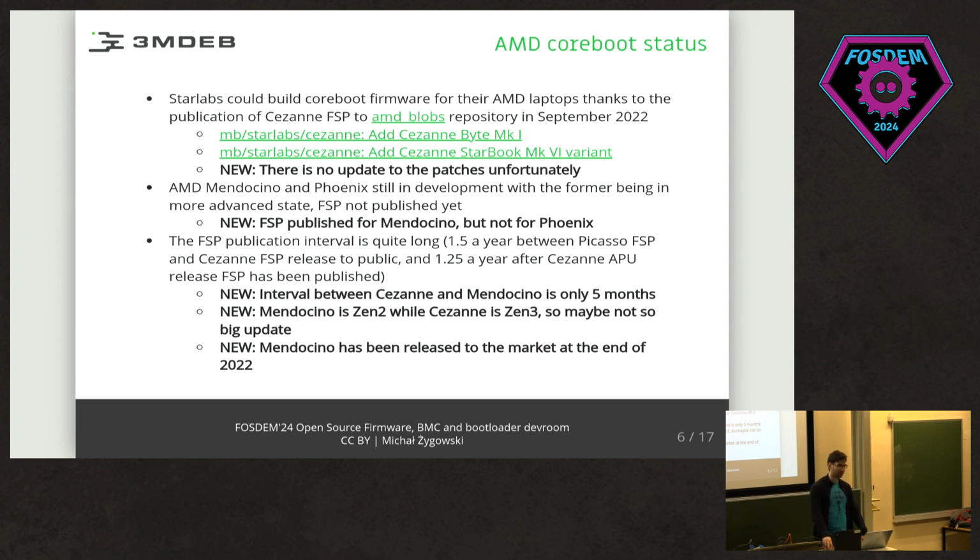For those who also track other developments like AMD Chromebooks, the AMD Mendocino and Phoenix are still in development, but the FSP binary, which is responsible for the whole initialization for Mendocino, has been published, but not yet for Phoenix.